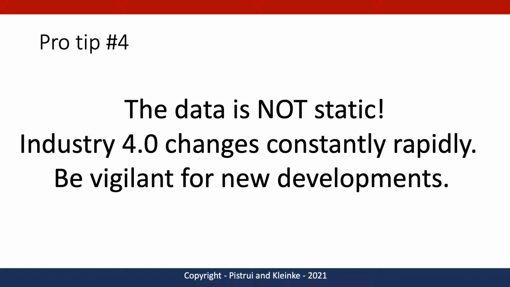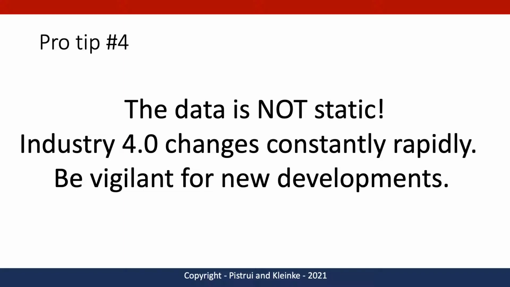So our fourth pro tip is that Industry 4.0 is an indication of technologies that change on a rapid basis. We would even say on a daily basis. Earlier, I used the example of LED lights starting in the 60s and finally reaching common implementation and maturity level now.